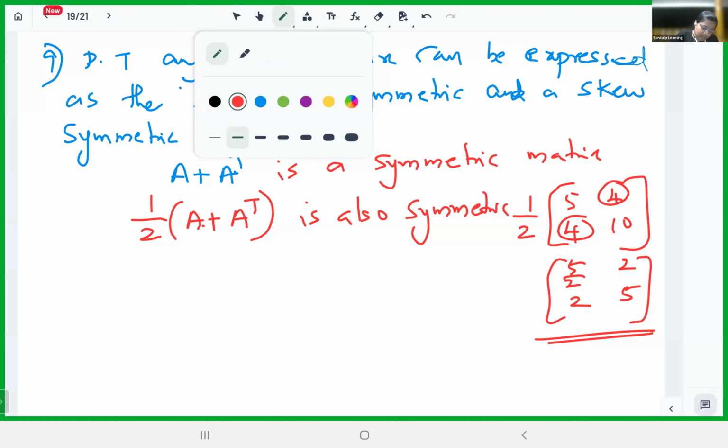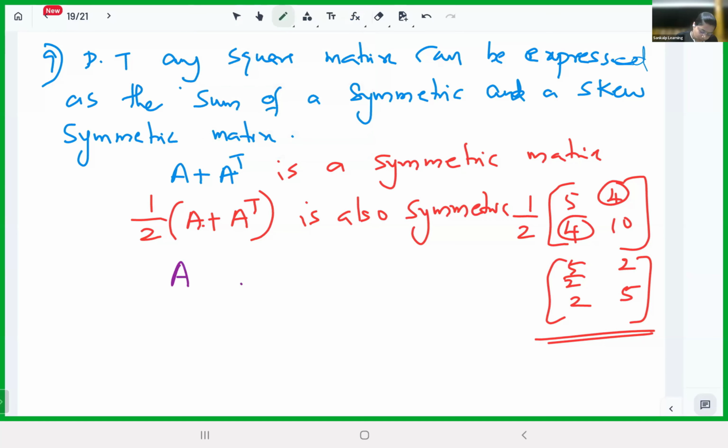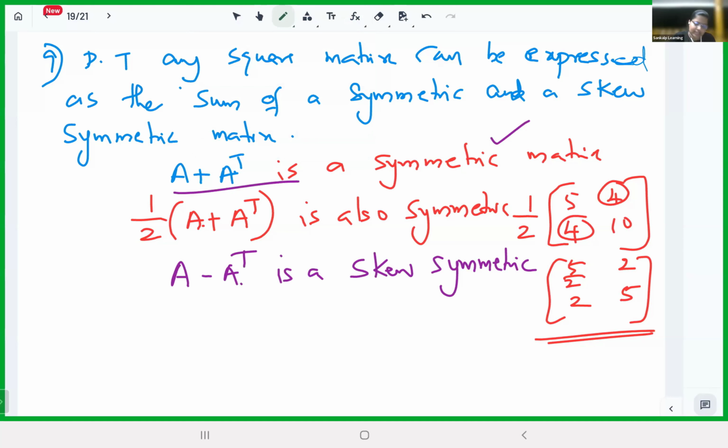Now, what about A minus A transpose? We know that A minus A transpose is a skew symmetric matrix. Okay, here you can also include the verification of the symmetric property. When you answer this type of question, first you have to verify that A plus A transpose is a symmetric matrix.